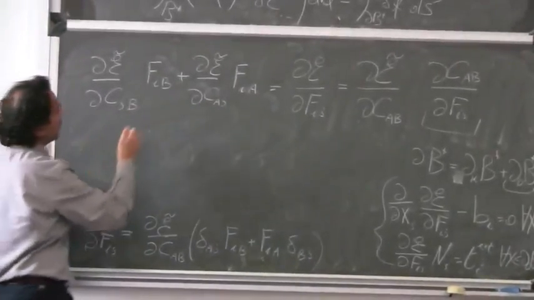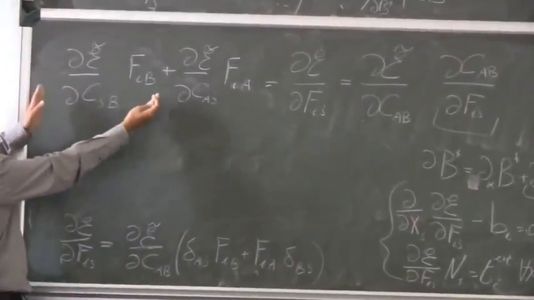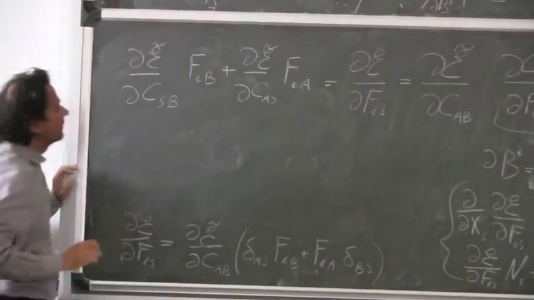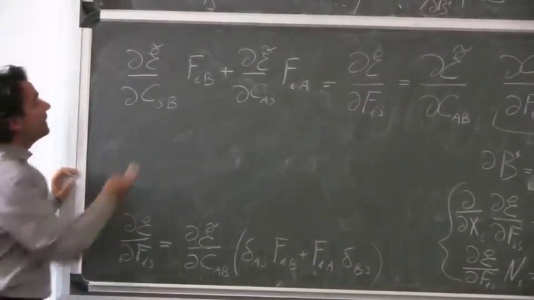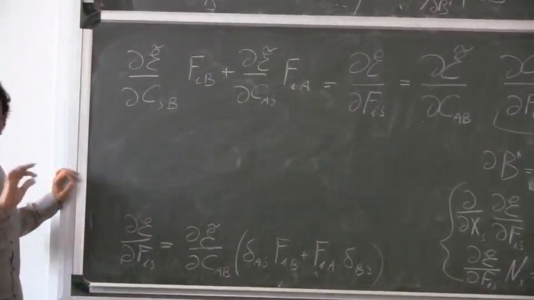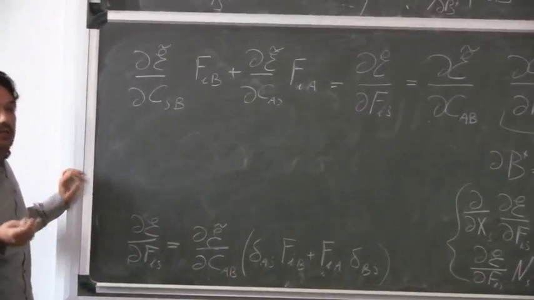Now have a look on this term. The sum is with respect to B, but B is a repeated index, so it can change the name.